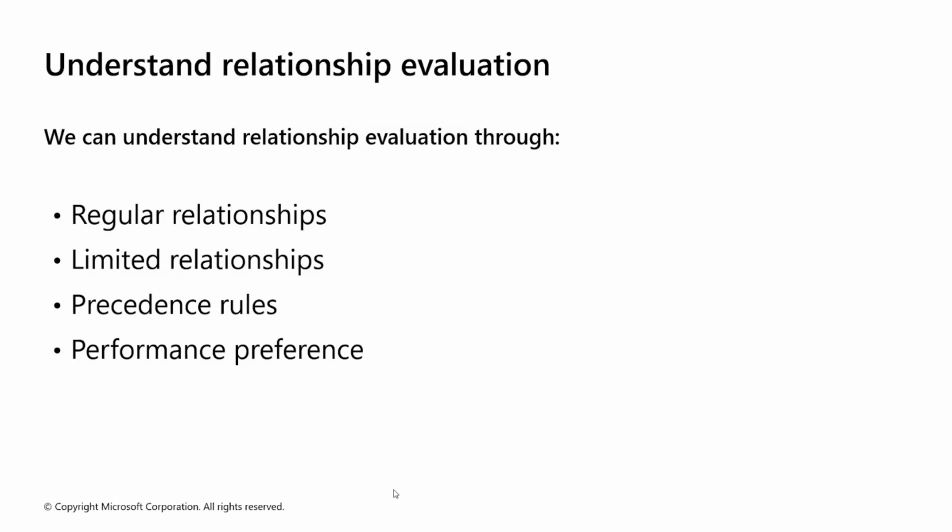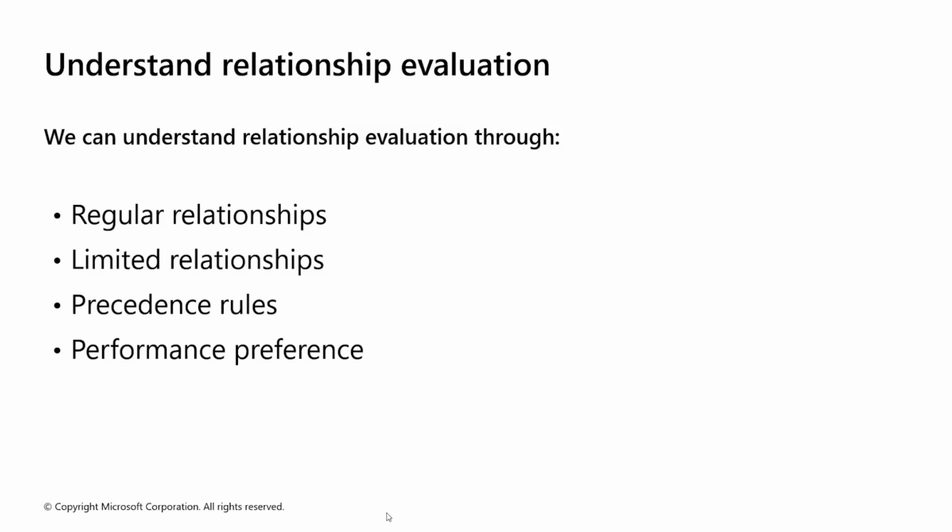It's inferred from the cardinality type and the data source of the two related tables. So it's important to understand the evaluation type because there may be performance implications or consequences should data integrity be compromised. Okay.